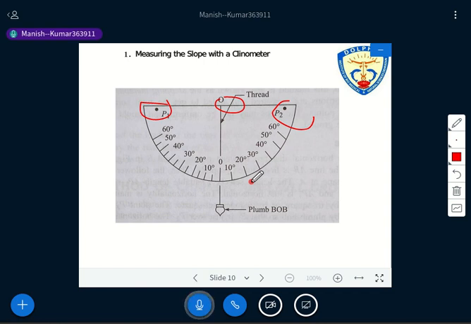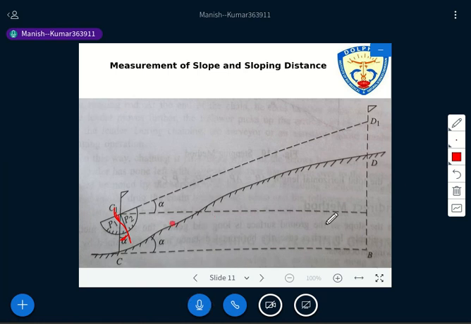Right, now you understand. Now we have to understand how to use it. Just go to this slide, and all of you can easily understand. Let me explain how it can be done. This is sloping ground. First fix 2 points, C and D, that need to be measured.